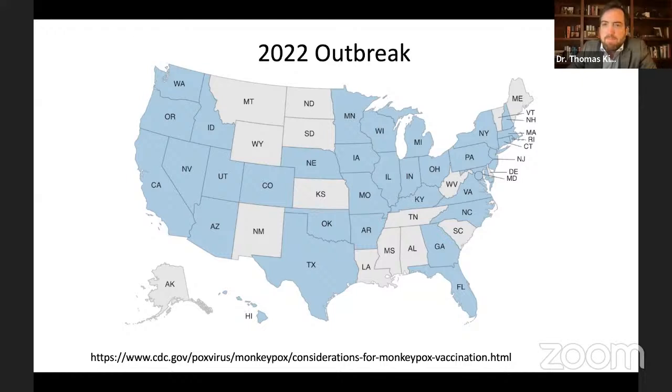I think some good news is that, like I said, there have been no deaths, and we've sequenced the genome of the latest outbreak. It looks like a similar genome to an outbreak that happened in Nigeria in 2018 and 2019, and there hasn't been much change to the virus.